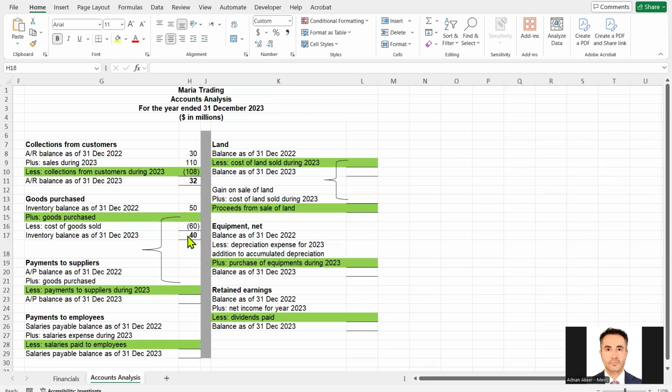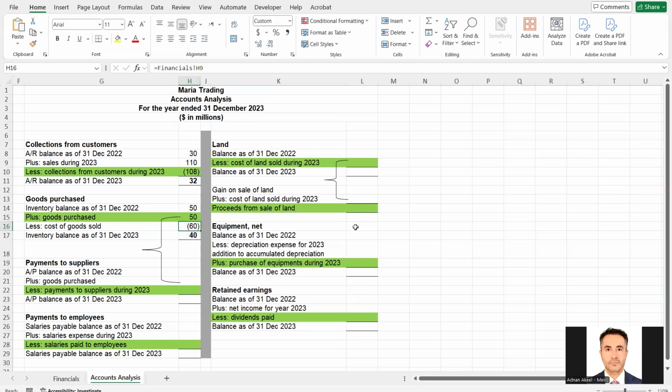Now, this 100 million of available goods for sale, how much did I have out of this at the beginning of the year? It was 50 only. So I started with 50. I ended up having 100. So how much did I buy? Basically the difference. So goods purchased equals the ending balance plus cost of goods sold less the beginning balance, that is 50.